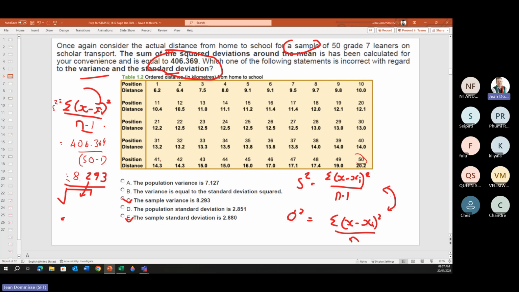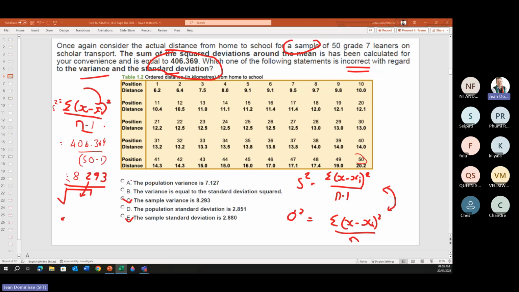So let's just see what they asked. Which of the following statements is incorrect? We know the two sample ones are correct. If they asked us to work out the population one, it would have been the population variance, so 406.369 divided by 50, which is 8.12.